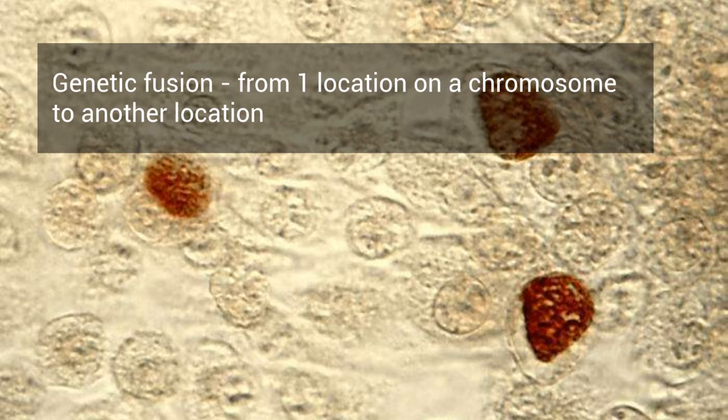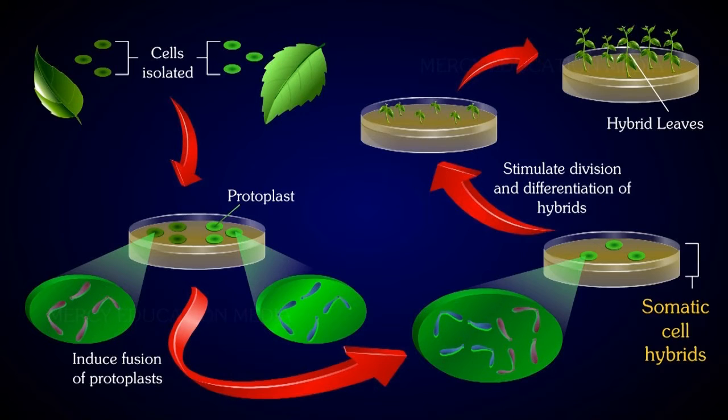When we talk about genetic fusion, I think that probably makes sense, because usually we talk about cells going through fission. Here we're talking about fusion, where we have a combining. You've got a location on one chromosome combined with a location on another chromosome, so you're fusing that genetic material.